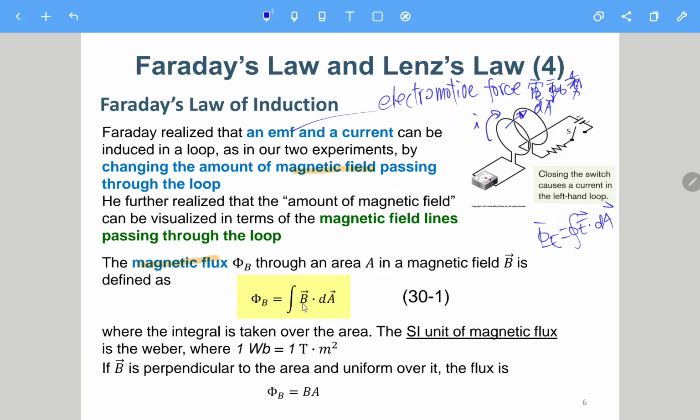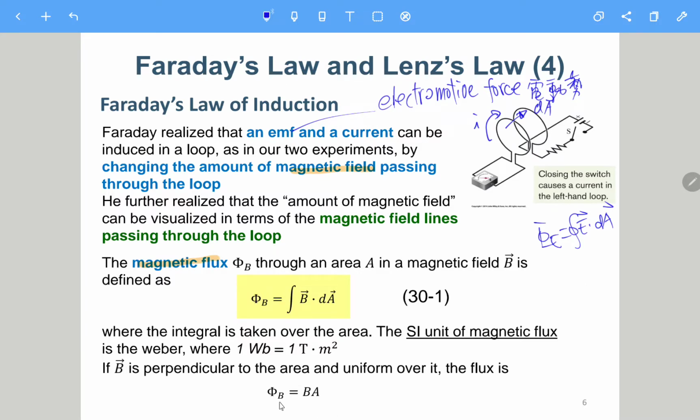And if B is also uniform, you can just take it out, and then B times the integration of dA, which is nothing but the area. So we only have B times A.